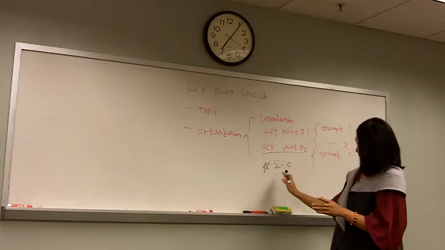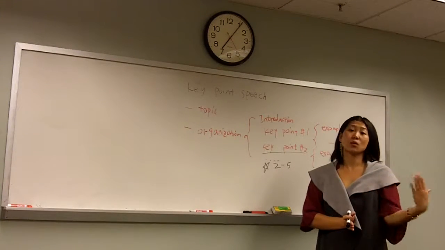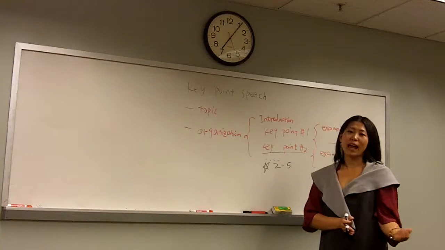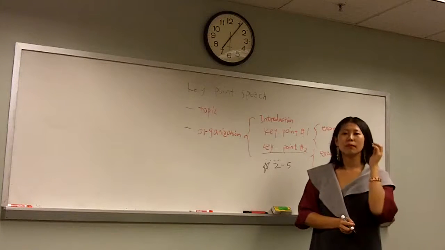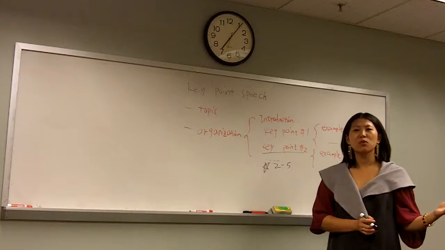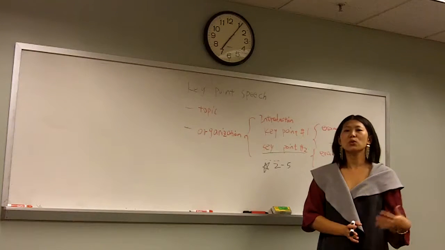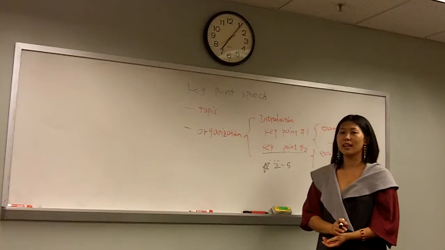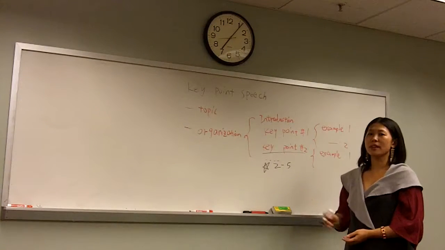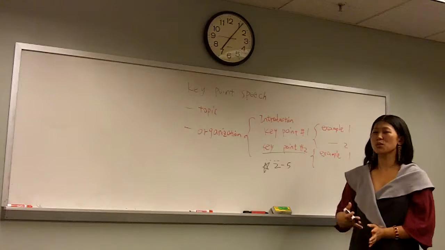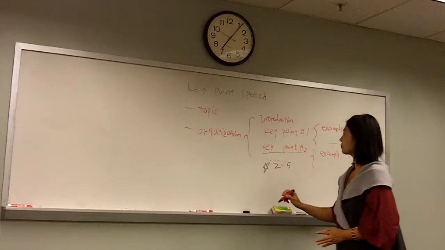If you have fewer than 2 key points, then maybe it's not so convincing and you do not have enough key points to support and elaborate. On the other end, if your key points are 5 or more, then people start to lose track of what they are. So that's why we say 2 to 5 would be really good. Don't go too little or too much. There's a sweet spot.